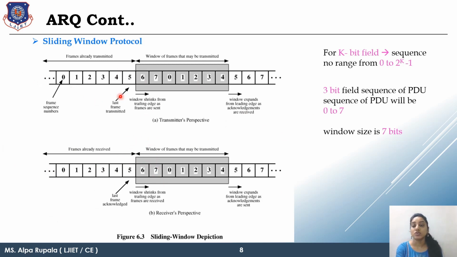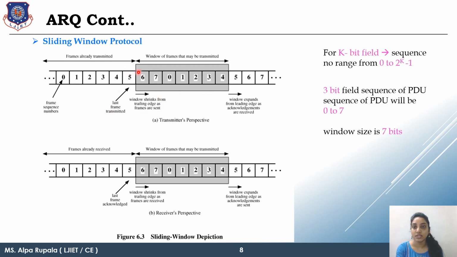This window can have a size equal to the number of your sequence numbers or lesser than that. But in our example it is the same as the sequence number range.